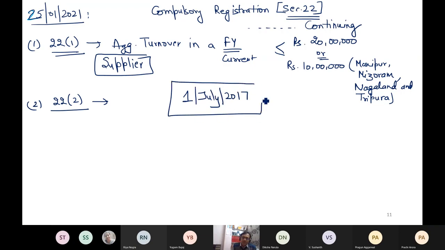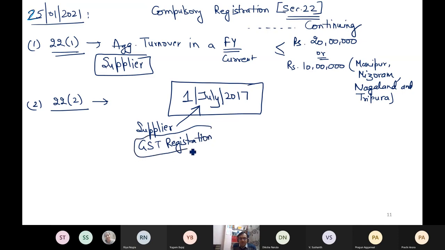On 1st July 17, in India there was GST. Now, if you want me as a supplier to be ready on 1st July 17, how can I do the business if you don't give me GST registration on 1st July 17? So I need registration, I need the number, GST number.